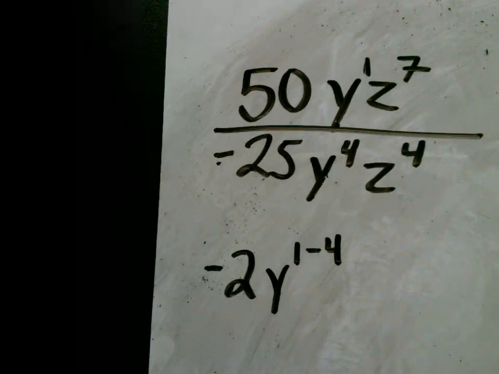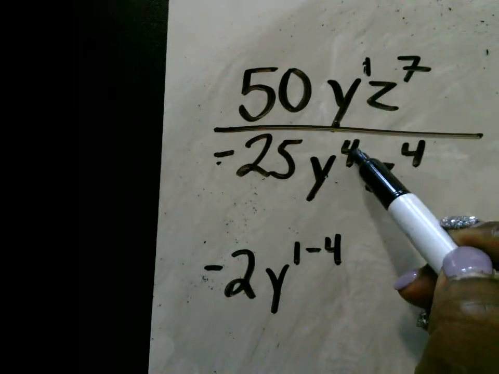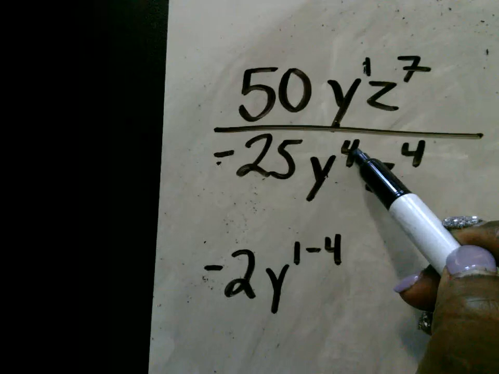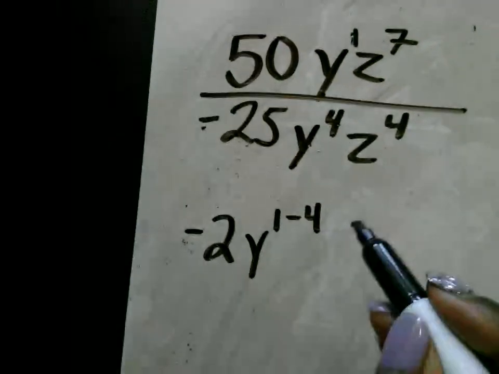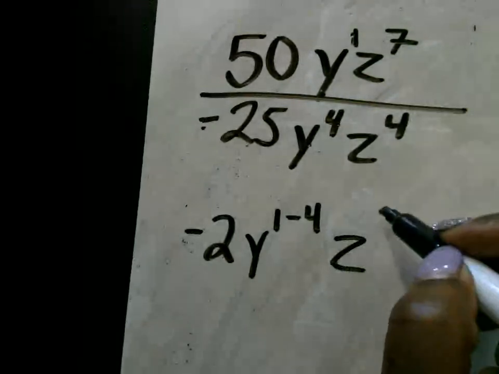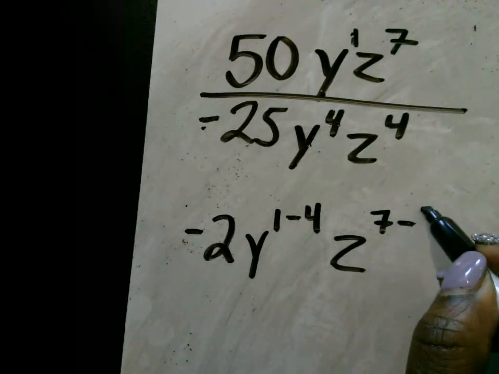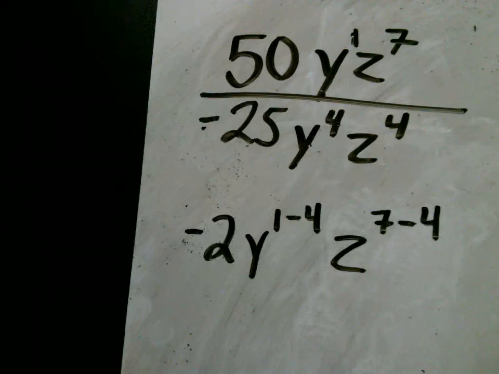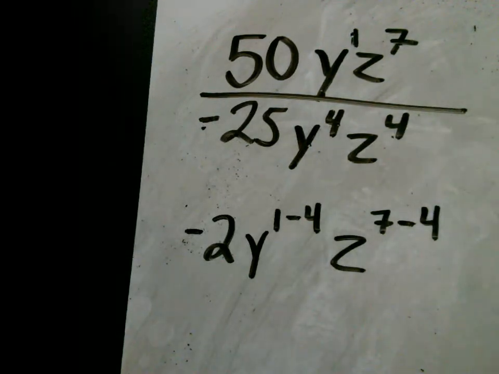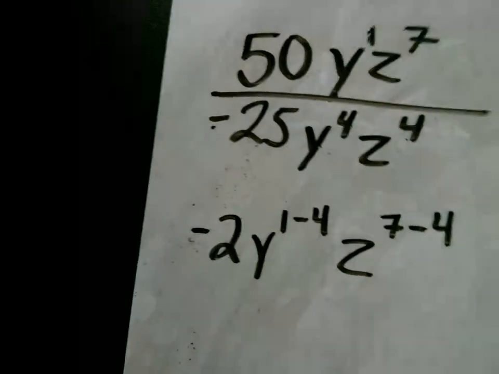You got it so far? And then Z, again, top exponent minus bottom exponent. Do you see what I did there? 7 minus 4. All right. So now let's do our final answer.